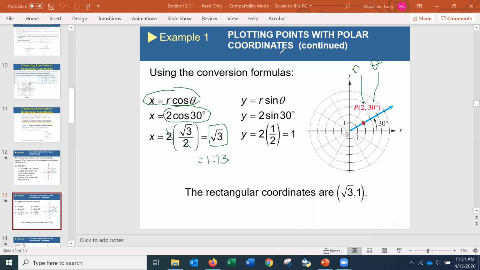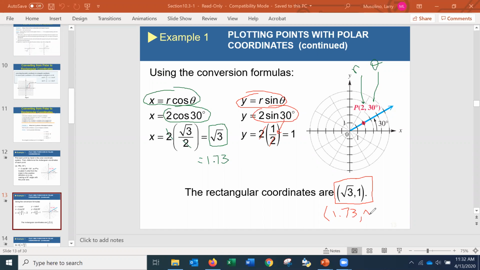All right, let's figure out the y value. Well, y is r sine theta. So that's going to be 2 sine 30 degrees. But from the unit circle, sine 30 is 1/2. Again, the 2's cancel out, so the y value is 1. So here are the coordinates in xy: square root of 3 comma 1. Remember, approximately, this is like 1.7 comma 1.